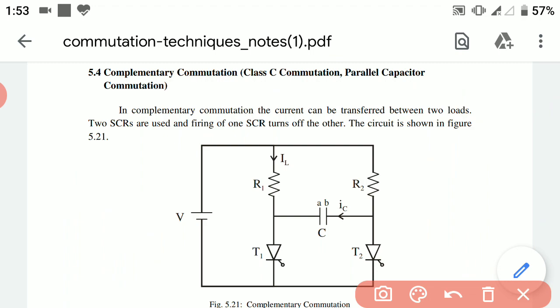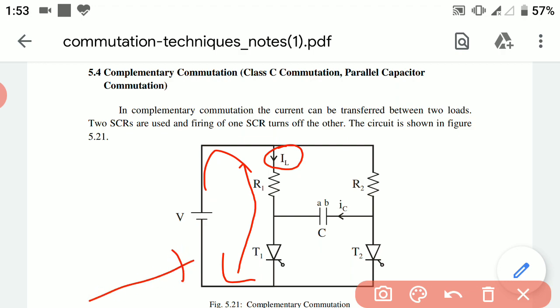Now we will see in this circuit how the various thyristors turn off and turn on. In this circuit we have two thyristors, T1 and T2, a parallel capacitor C, two resistors R1 and R2, and a DC supply. If we switch on our DC supply, the current IL starts flowing through the resistor R1 and through the thyristor T1.